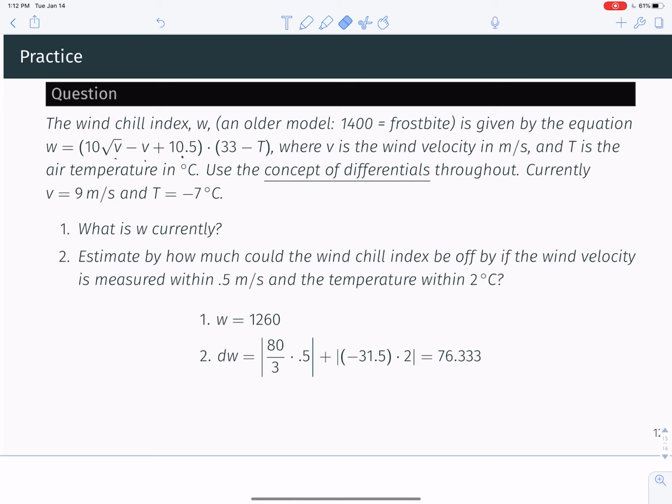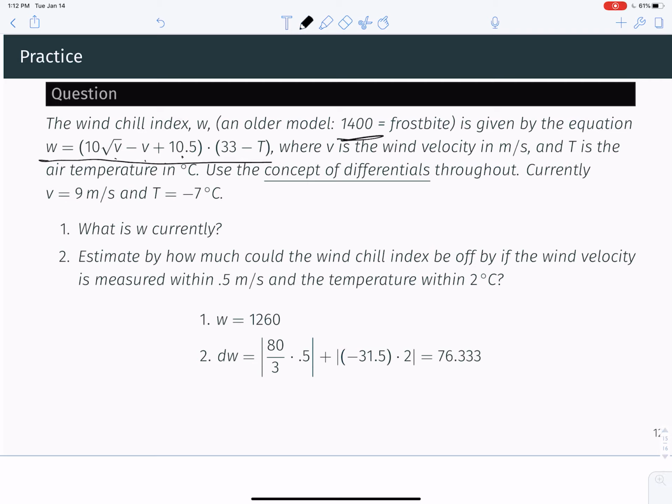And for you, I've just got a nice little practice problem here on a wind chill problem. So this is an interesting wind chill. It's an older model, where the numbers for W go between 0 and 2,000 or something, and 1,400 is a kind of threshold where you've got to be worried about frostbite happening.